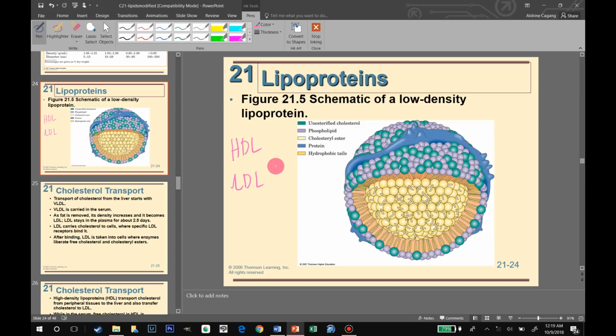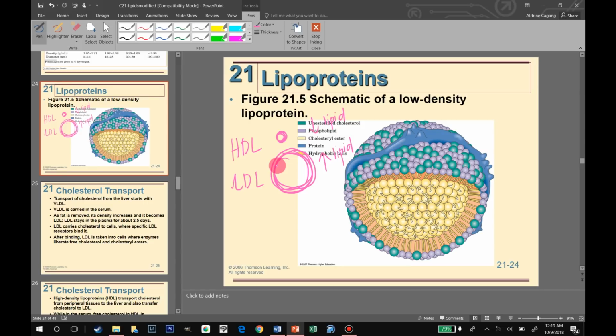I think I've discussed this one in the earlier portion of this video. So your HDL are your high density lipoprotein. These are the smaller lipoproteins, and the LDL are the larger of the lipoproteins. Your HDL has low lipid concentration, and then your LDL has the higher lipid concentration because it's larger. It contains more lipids, so that includes your fatty acids, your triglycerides, and your cholesterol.